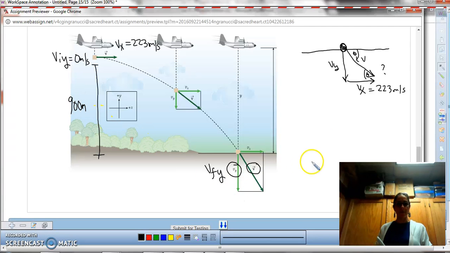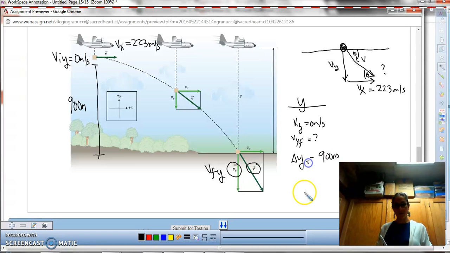So using this information, I have Vi y, Vy final is what I'm trying to find, I have delta y, and acceleration. So again, these problems look so empty. They only give us a few numbers.